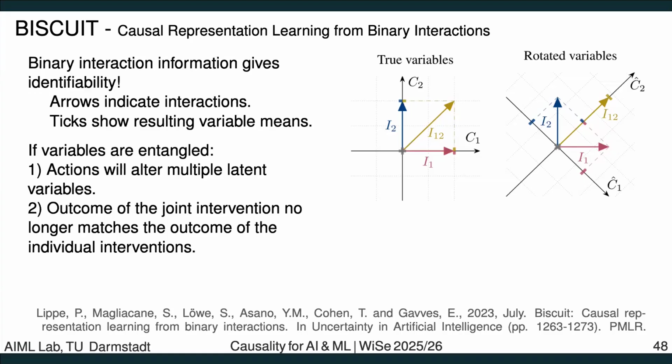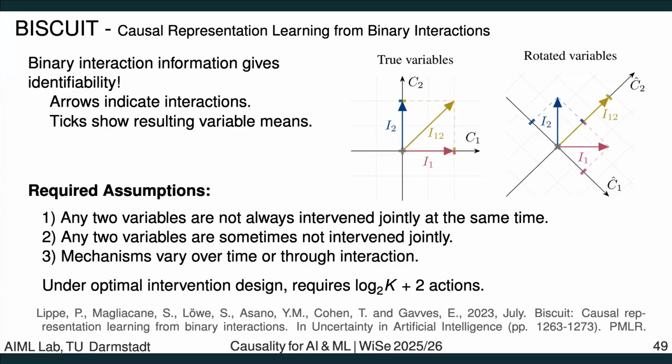Then if I look at those binary interaction vectors, I really only need to find a rotation that disentangles those such that every interaction only alters a single variable in my latent vector. So really, as I said, it's a very high-level approach or high-level intuition, but I just found this trick or idea maybe quite useful.